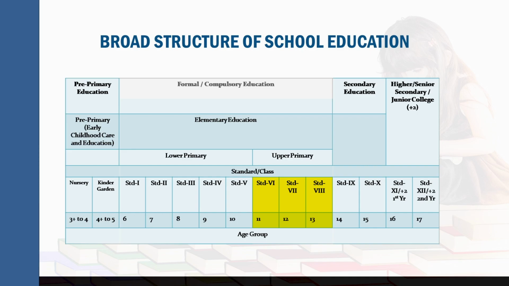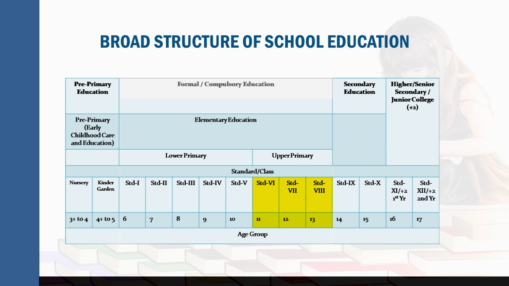Age appropriation is: it starts at the age of 11 and continues till the age of 13. So 11, 12 and 13. At the age of 11, the child is in class 6th, at the age of 12, in class 7th, and at the age of 13, in class 8th.